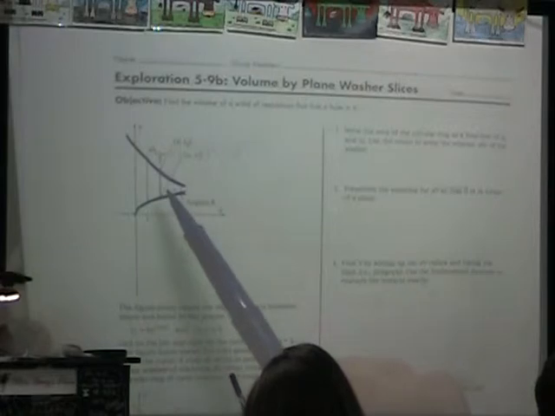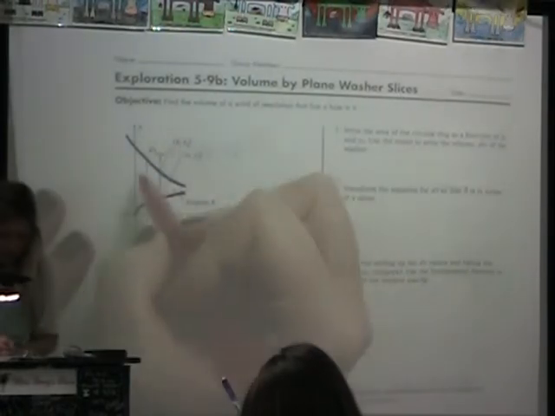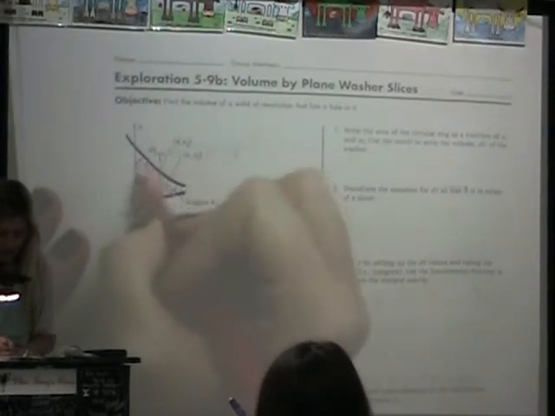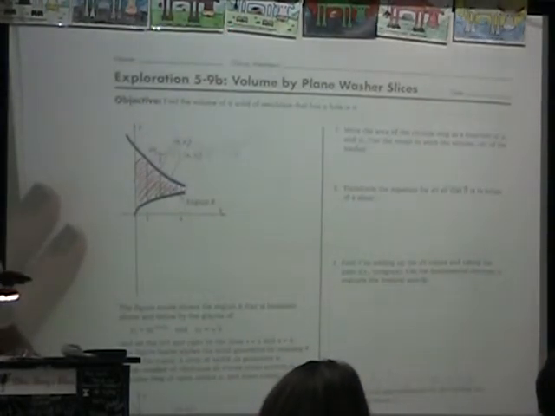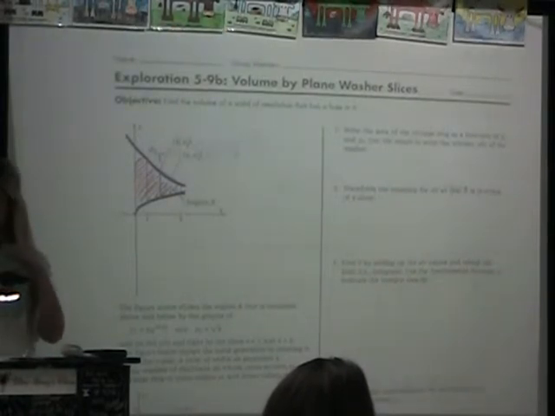And we're going to take the area between those two curves, so see this area here? You're going to take that area, and this time we're rotating around the x-axis.